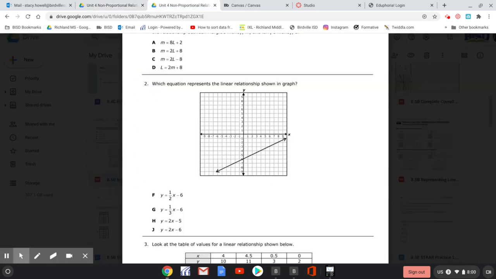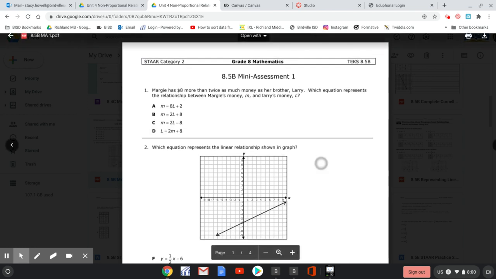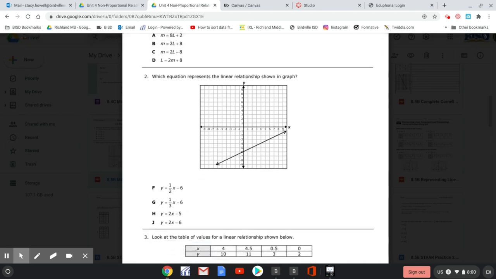So let's look at this one. Number 2. We did one like that on the other one. We can see that the y-intercept is going to be -6. That is our y-intercept. And they want to know what the slope is.